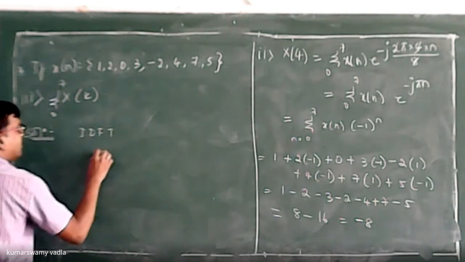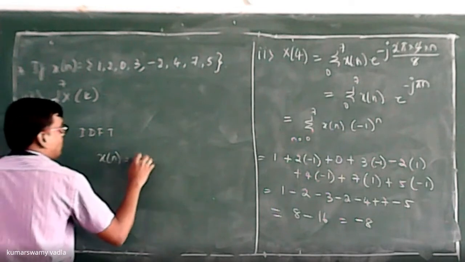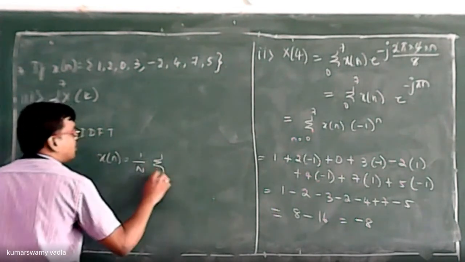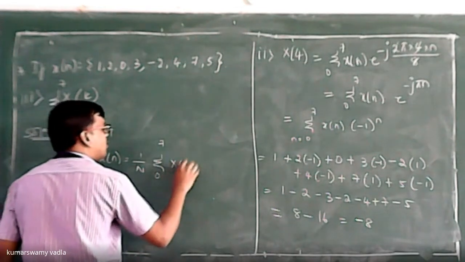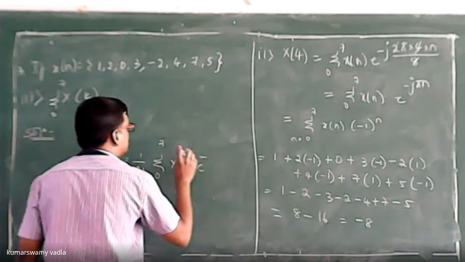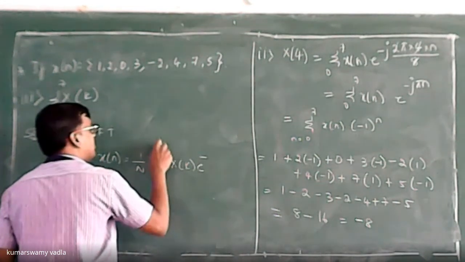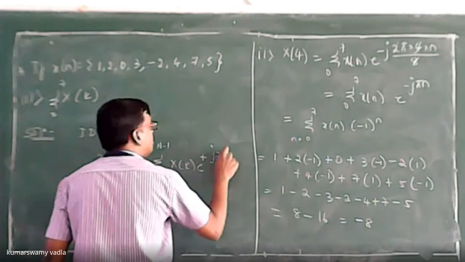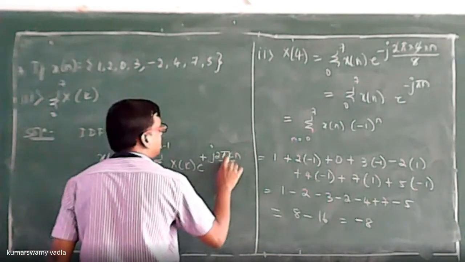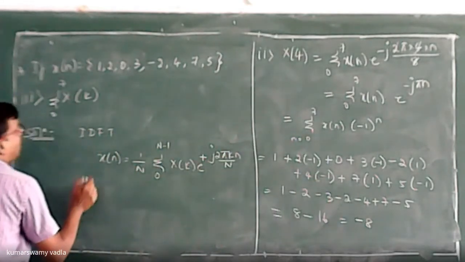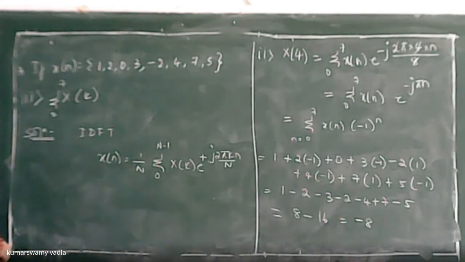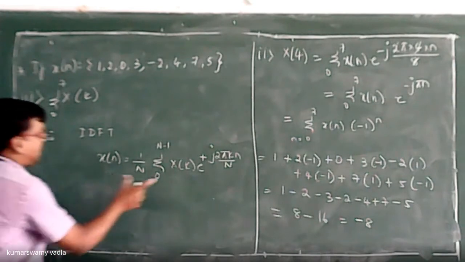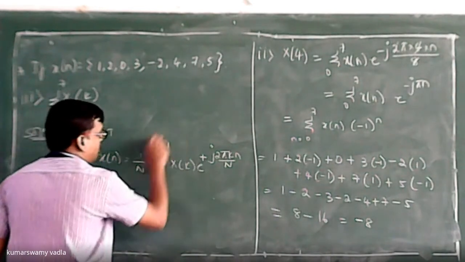IDFT: x of n equals 1 by N summation 0 to 7 X of k e raised to plus j 2 pi k n divided by N. Now I want capital X of k with summation, this part alone.